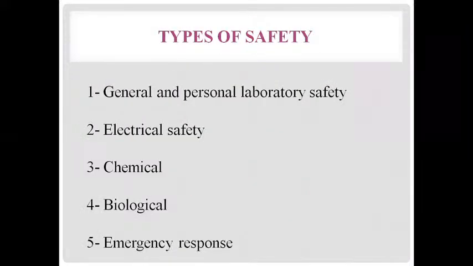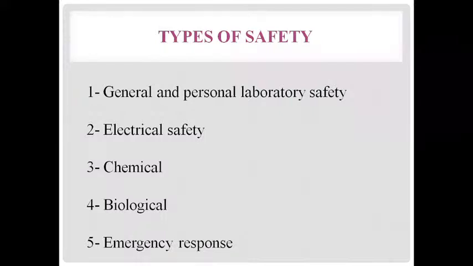Now, we look briefly at some of the safety we are talking about. We have the general or universal laboratory safety procedures. There is also electrical safety. There is chemical safety, for those who are preparing reagents. There is also biological safety: how do you dispose of waste, especially when it's infectious?